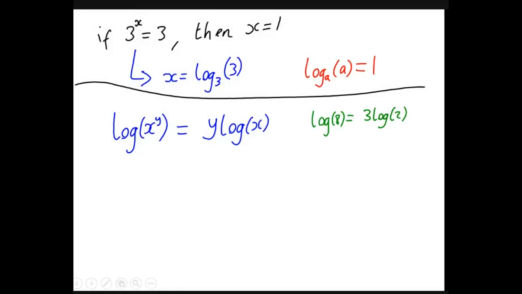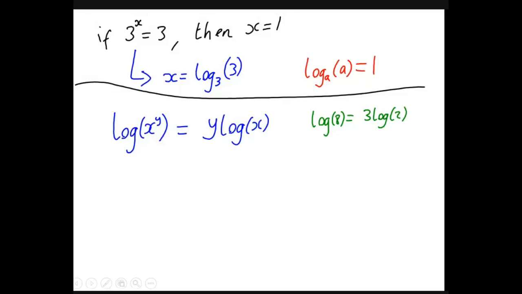So, Emery, any idea why the green writing is true based on the rule that Ben gave us? So is it because you can turn 8 into 2 to the power of 3.